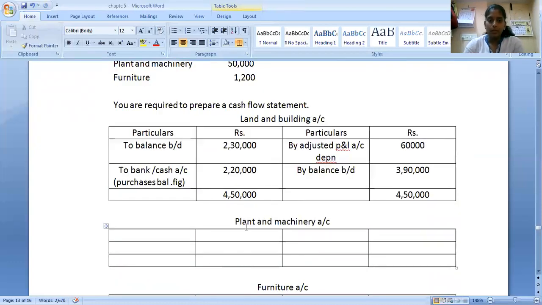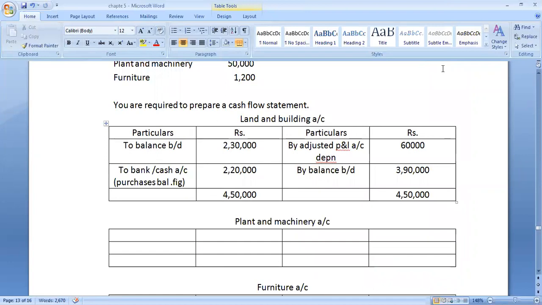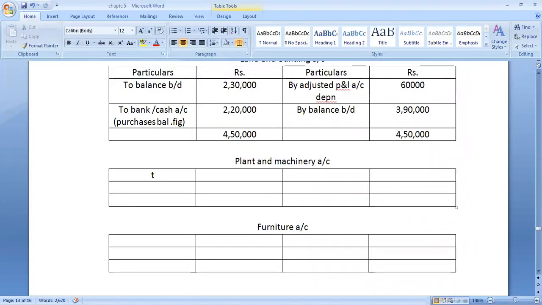Clear? So now go ahead with the plant and machinery account in the same way. So take the balance brought down. What is the plant and machinery brought down? It is 85,400.